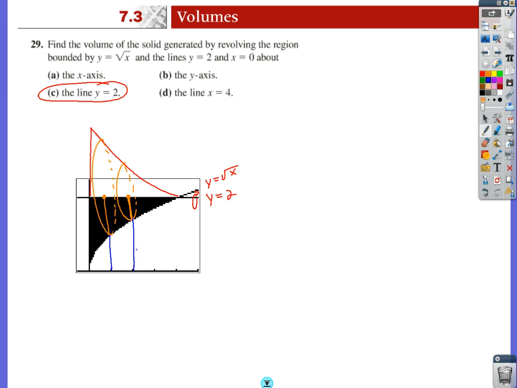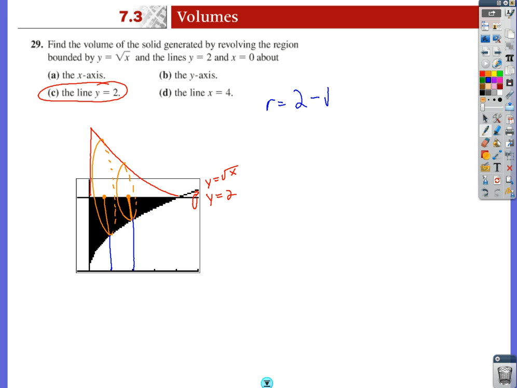Well, what's this whole distance? Each time, no matter what it is, the whole distance is always 2. So my radius starts off as being always 2. And then I'm going to subtract the blue distance. Well, what's the blue distance? That's my function height.